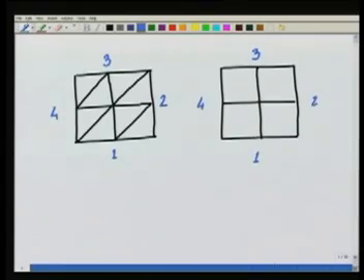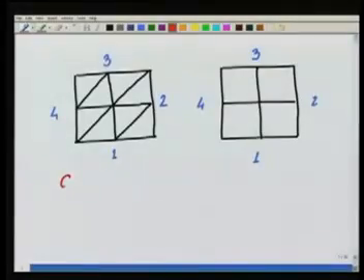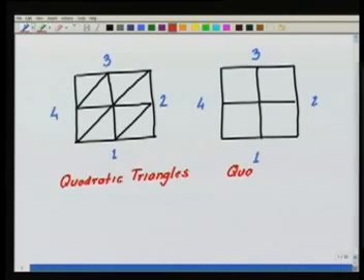Okay, let's say that I would like to do a quadratic approximation in either of the cases. So here I will use quadratic triangles, and here I will use quadratic serendipity elements.